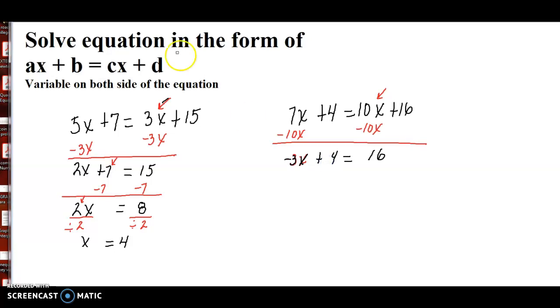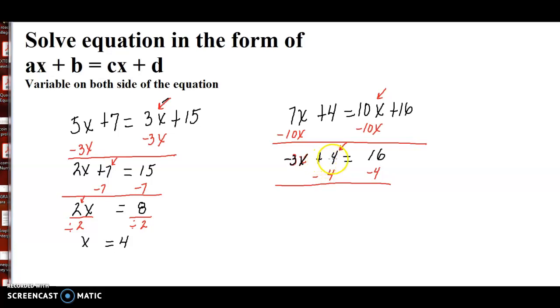Okay. Now, I need to get rid of that 4. And the only way I can get rid of that 4 is to subtract it away. And so I'm going to subtract 4 from both sides of the equation. And where did I get that minus 4?